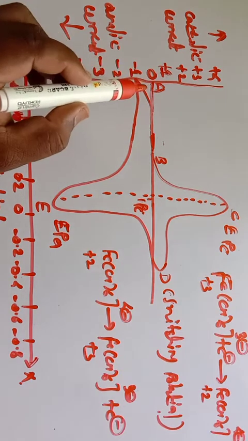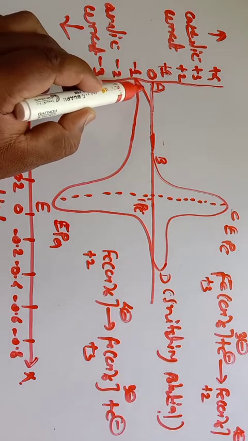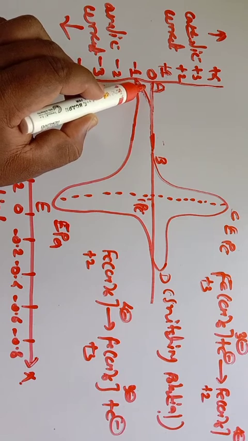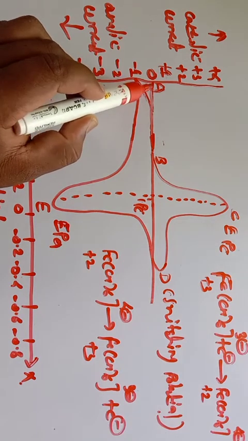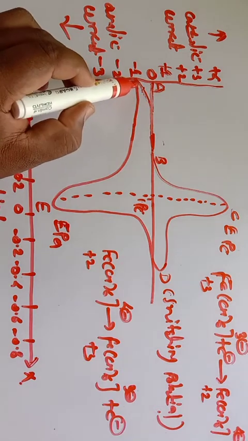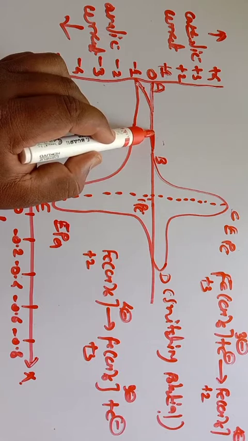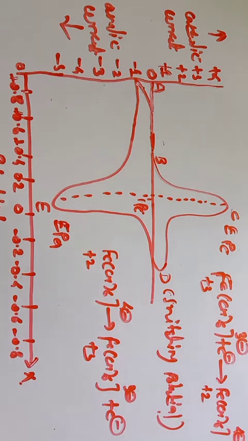This is the point, the curve where a small anodic current is observed, and it immediately decreases to zero as the scan is continued from positive potential to negative potential.